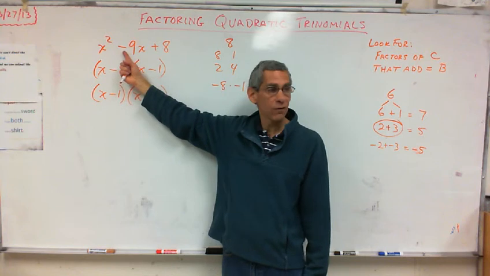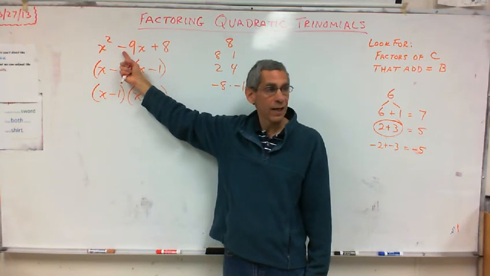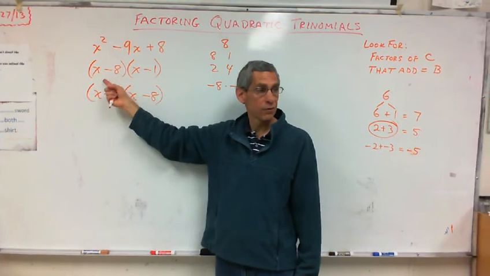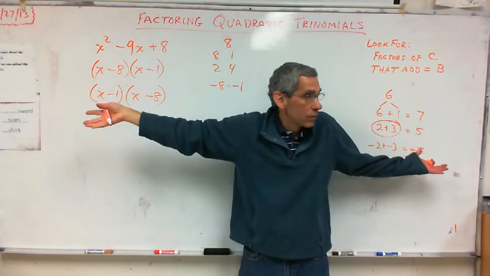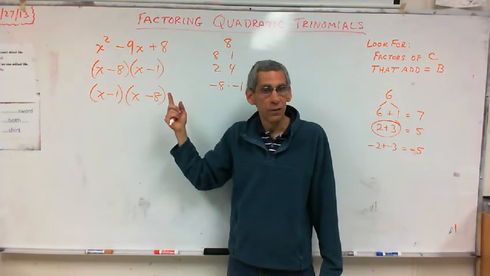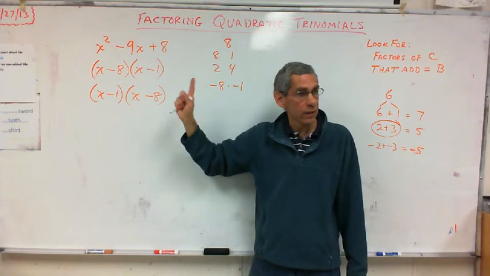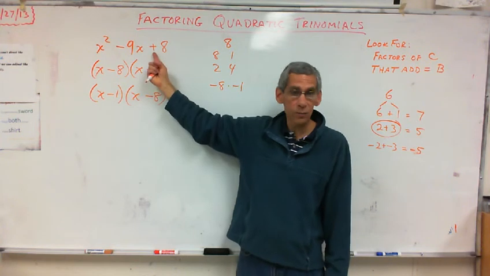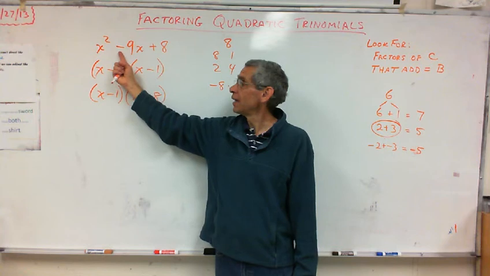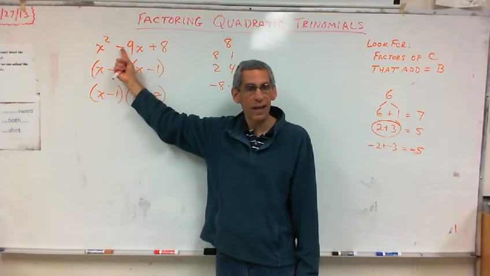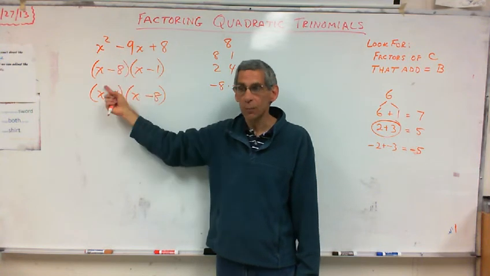There's only one way to get a negative, and that's if both of these are negative. If that's a positive, there's no negatives. So it's going to be positive. So get this. This plus sign says they're both the same signs. But if there's a negative in front of the B, they're both going to be negative.